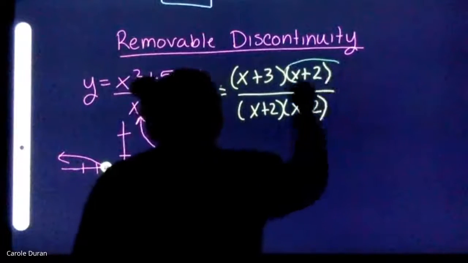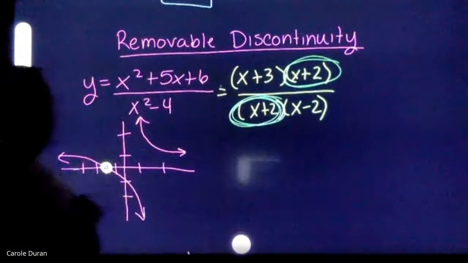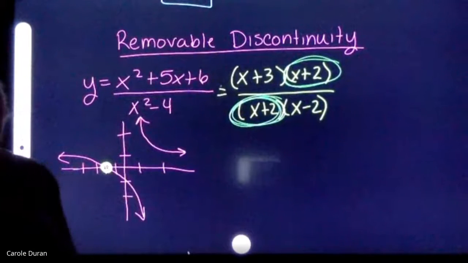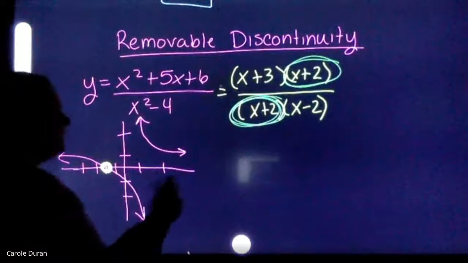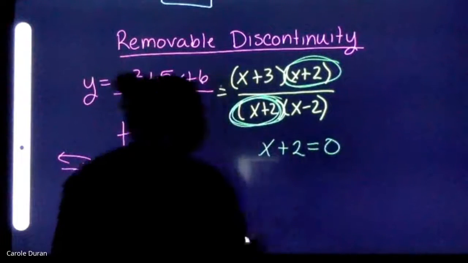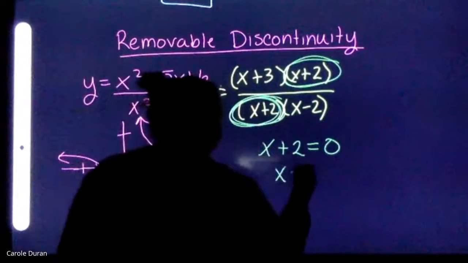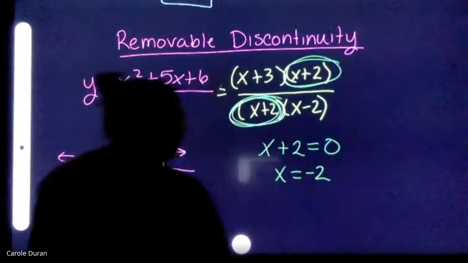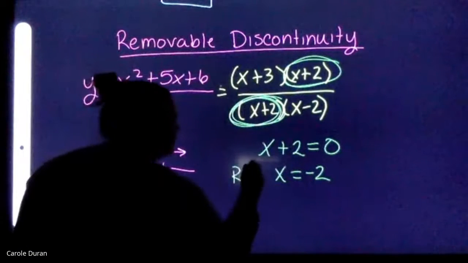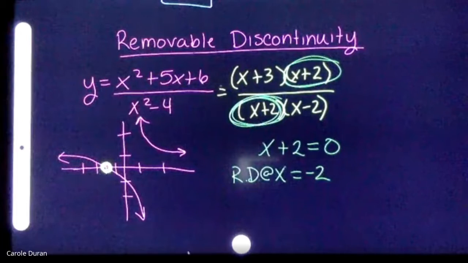So my numerator has an x plus 2, and my denominator has an x plus 2. So in order to identify that removable discontinuity, I take that factor that they shared, and I set it equal to 0, and I solve for x. So I have a removable discontinuity, or RD, at x equals negative 2.